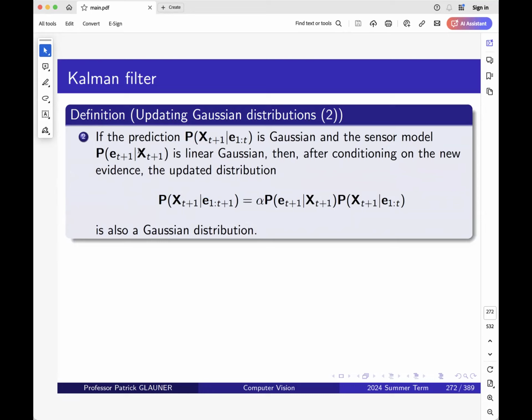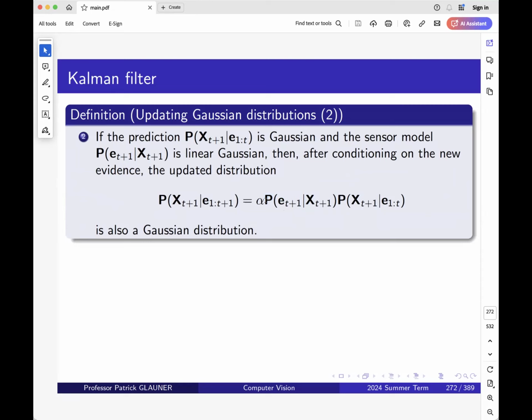And the sensor model is linear Gaussian. And if we use our equations from before and update them for the Kalman filter, we can say that the probability of xt plus 1 given all the evidence, including the new evidence, is the probability of the new evidence given the new state.